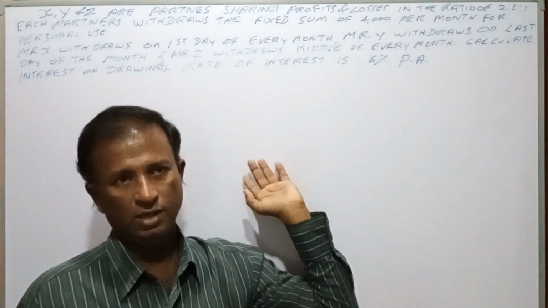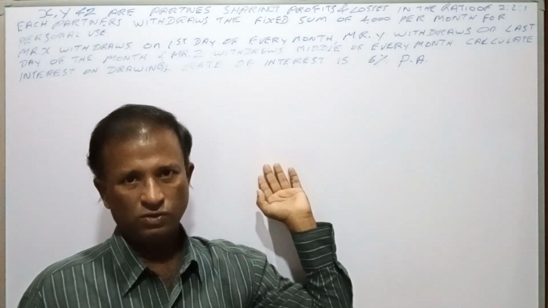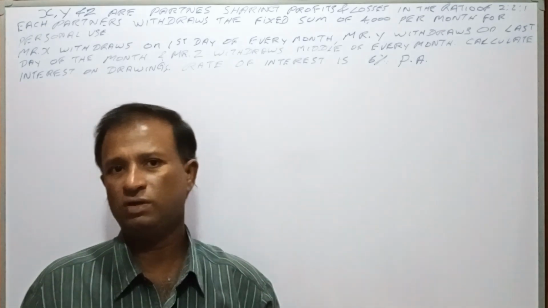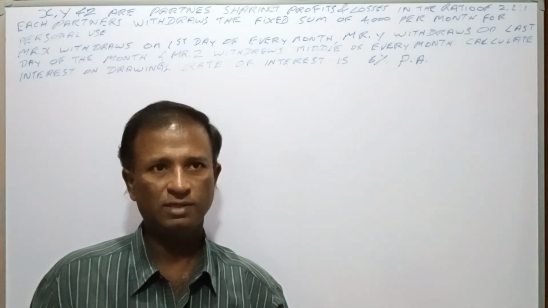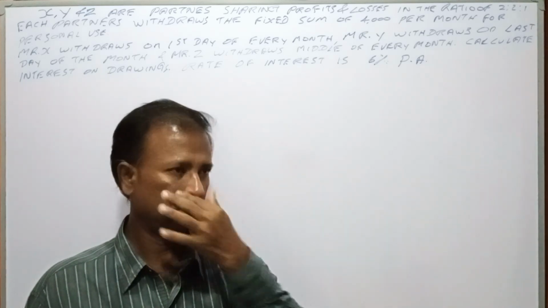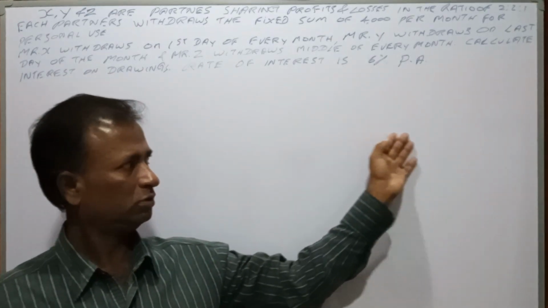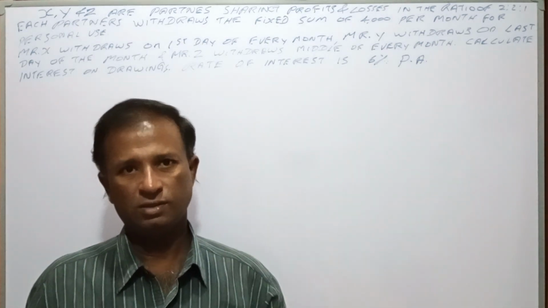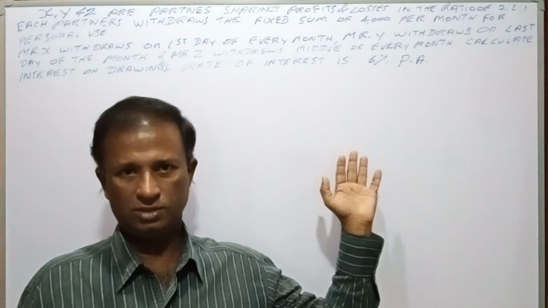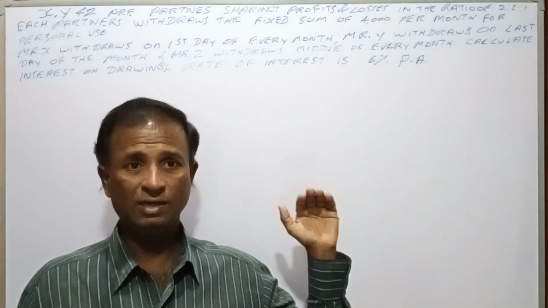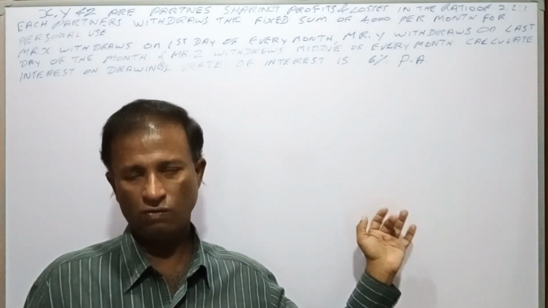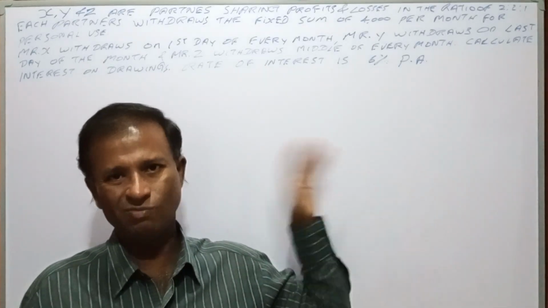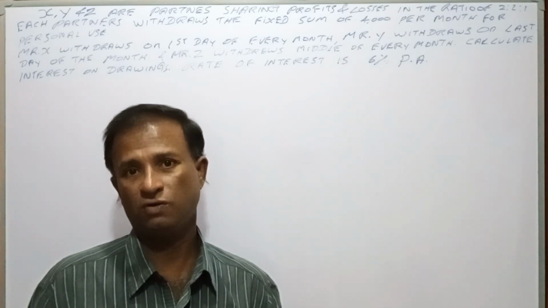They say calculate the interest on drawings done at the beginning of the month, if the partner is drawing his money or goods worth this much at the beginning of the month, or at the end of the month, or they might say middle of the month.